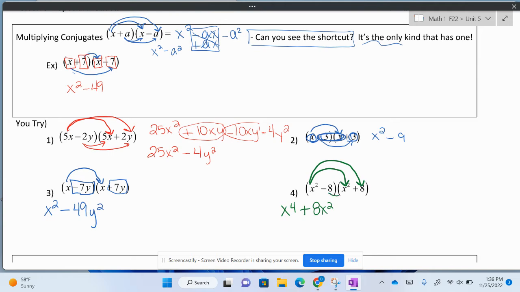Now the two inside terms, negative 8 times x squared is negative 8x squared. Negative 8 times a positive 8 is a negative 64. Again, notice that these terms right here in the center are common, like terms. They cancel each other out. So I'm left with x to the fourth minus 64.